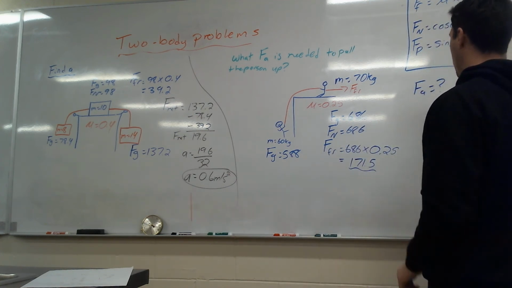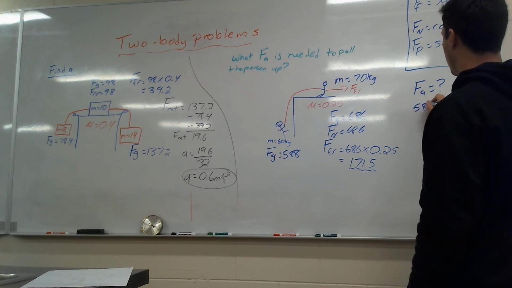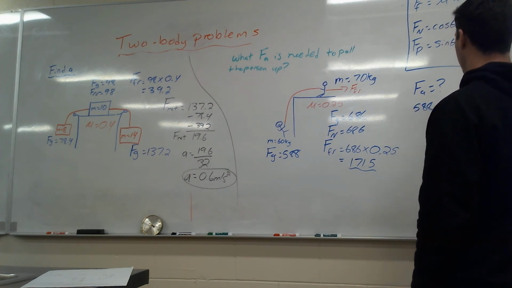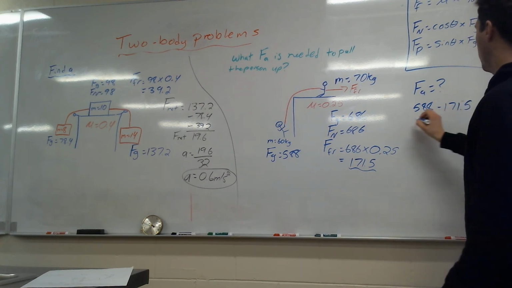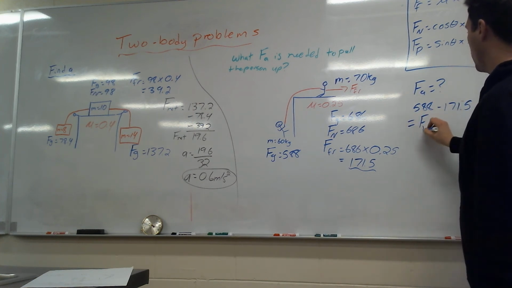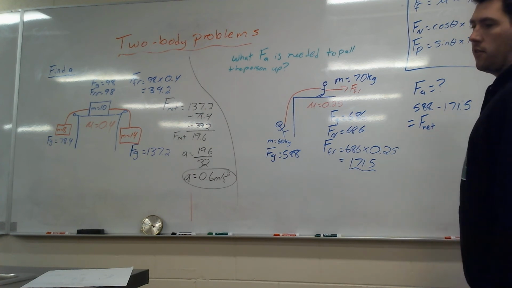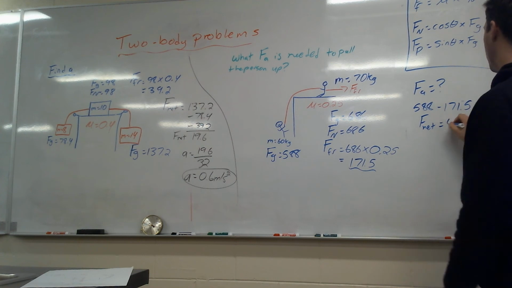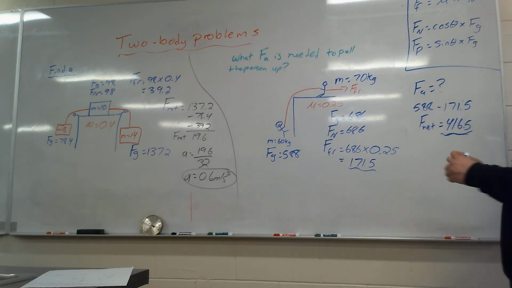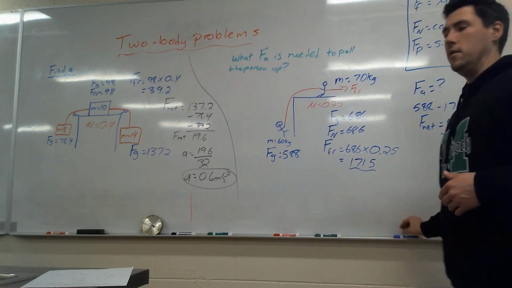We have 588 minus 171.5. And what do I get? I get a net force of 416.5.